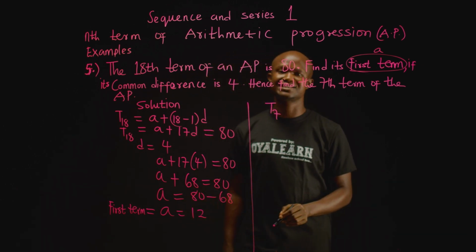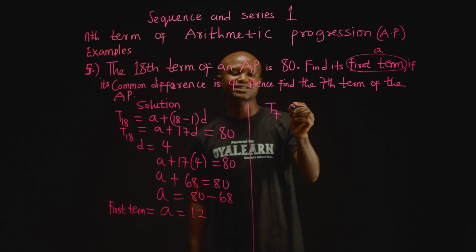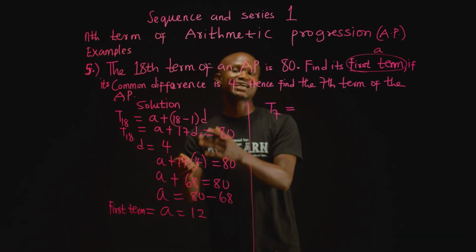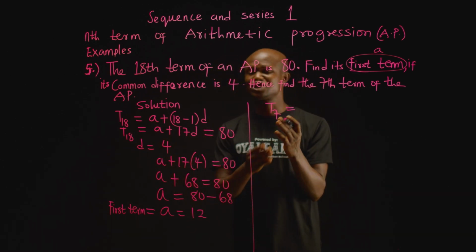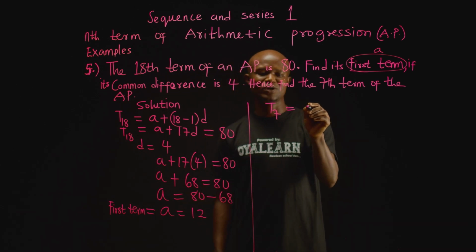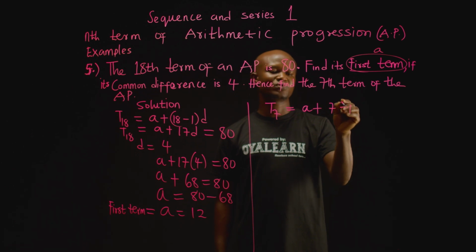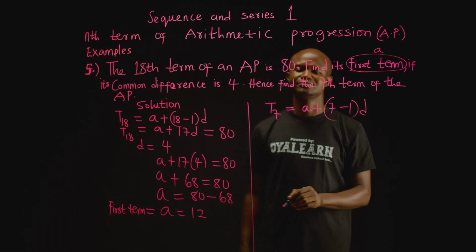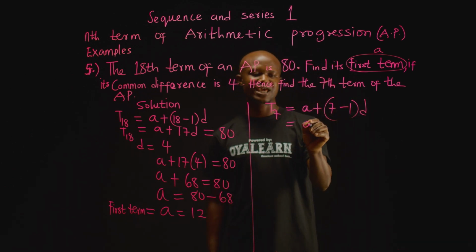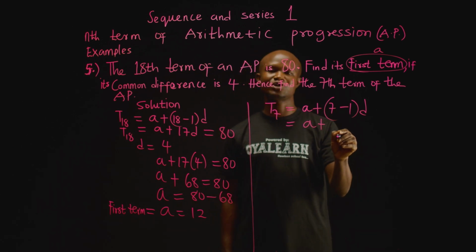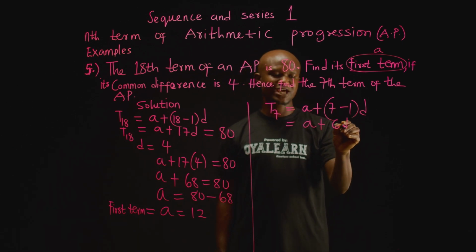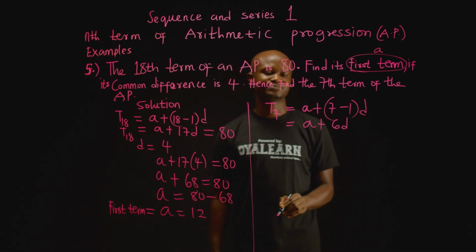That is, we are looking for T7, which represents the 7th term. Based on the techniques of writing the formula for a specific term, we are going to have A plus 7 minus 1 D. Now, what is 7 minus 1? That is 6. So, A plus 6D.